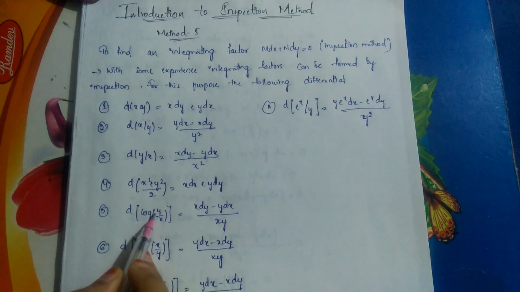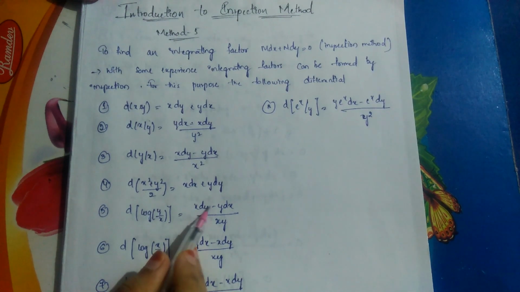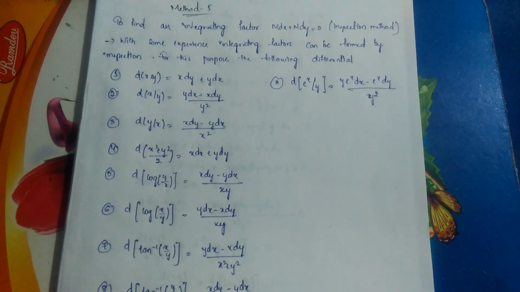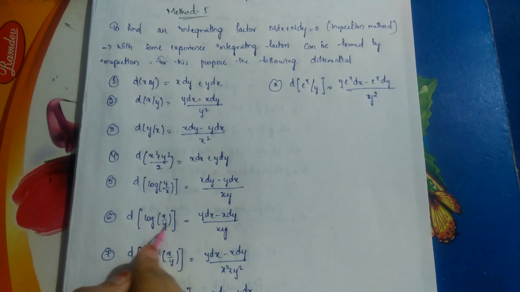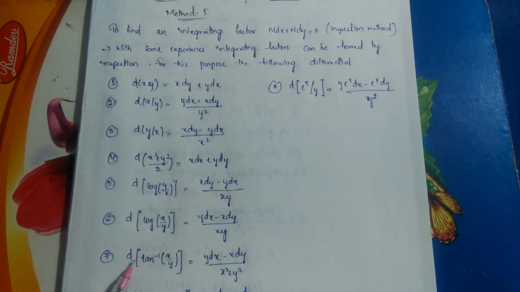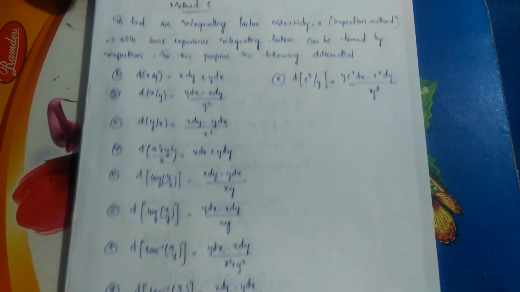D of log of y by x is equal to x dy minus y dx by xy, and d of log of x by y is equal to y dx minus x dy by xy, and d of tan inverse of x by y is equal to y dx minus x dy by x square plus y square.